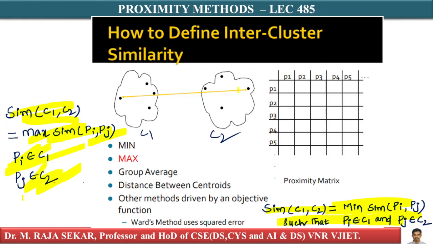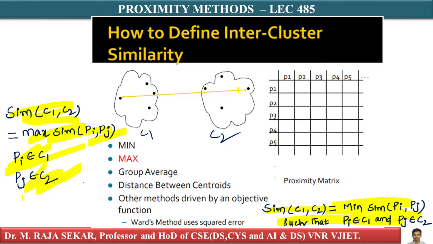Pick the two most dissimilar points, or the farthest points, and use their similarity to define intercluster similarity. Of course, each of them has its own advantages and disadvantages. We will come to that later.